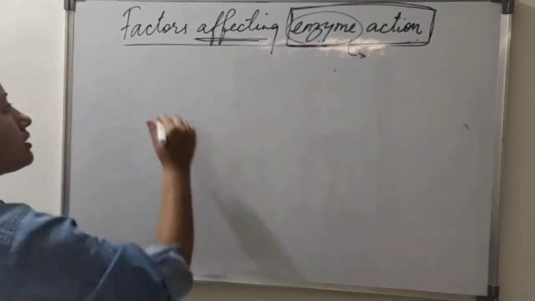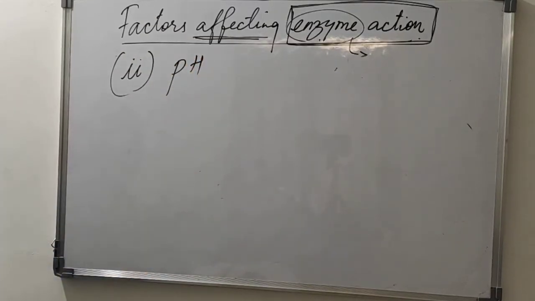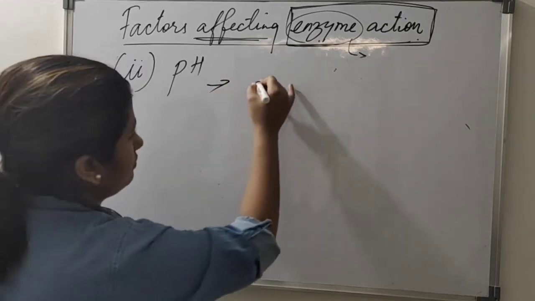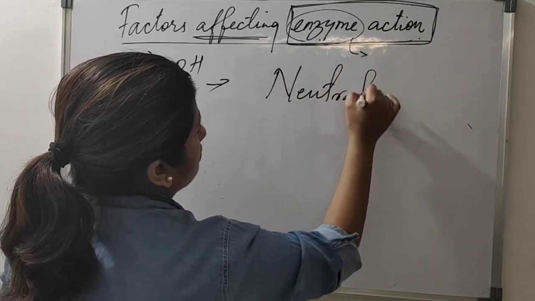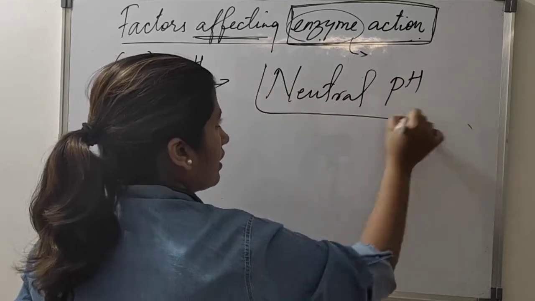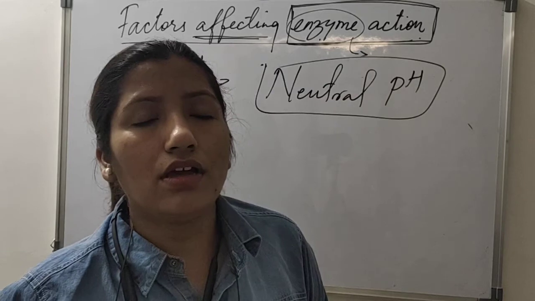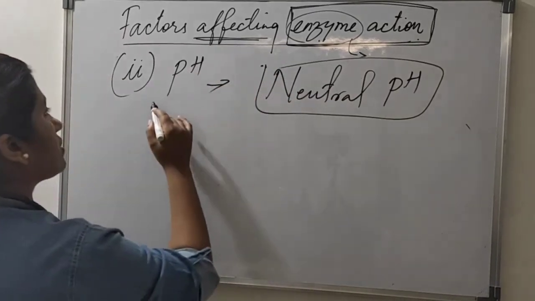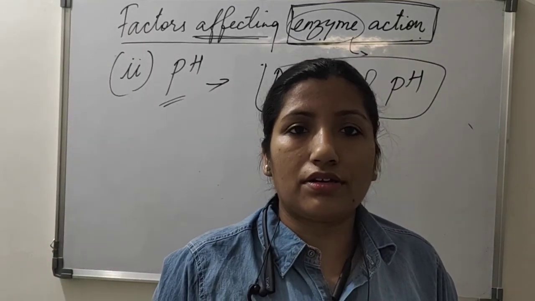Number two is the pH. Enzymes function best around neutral pH. What is neutral pH? You have studied what pH means. pH means the concentration of the hydronium ion in a solution.